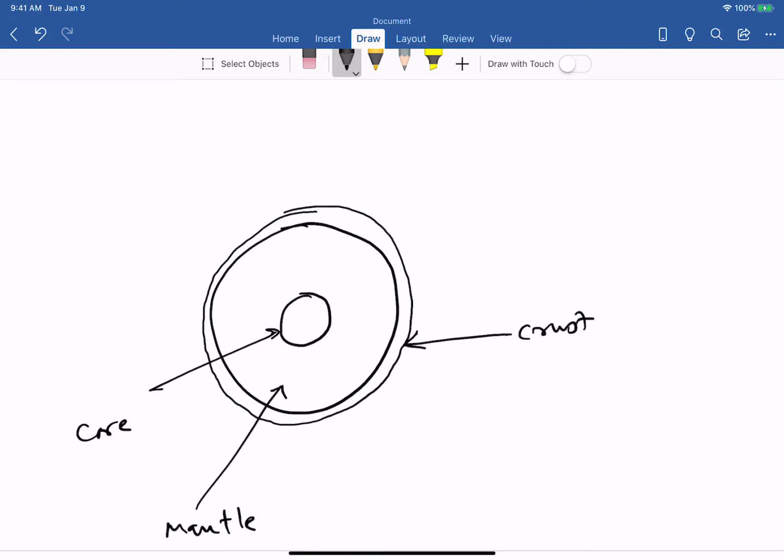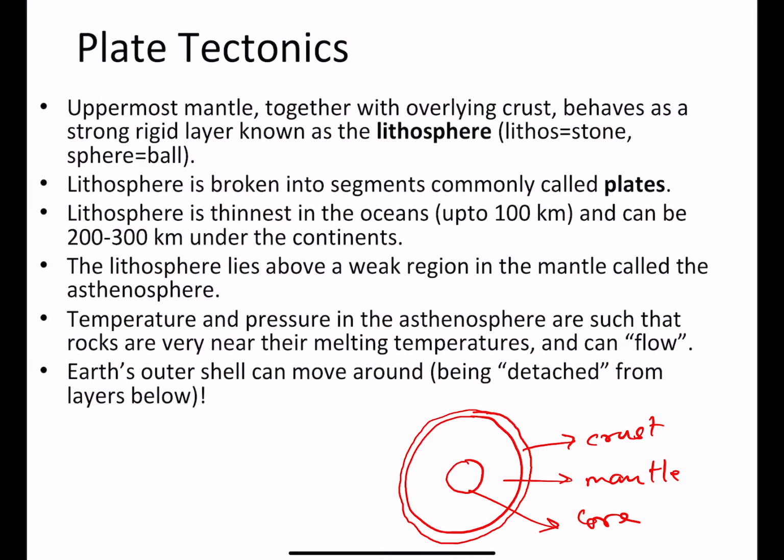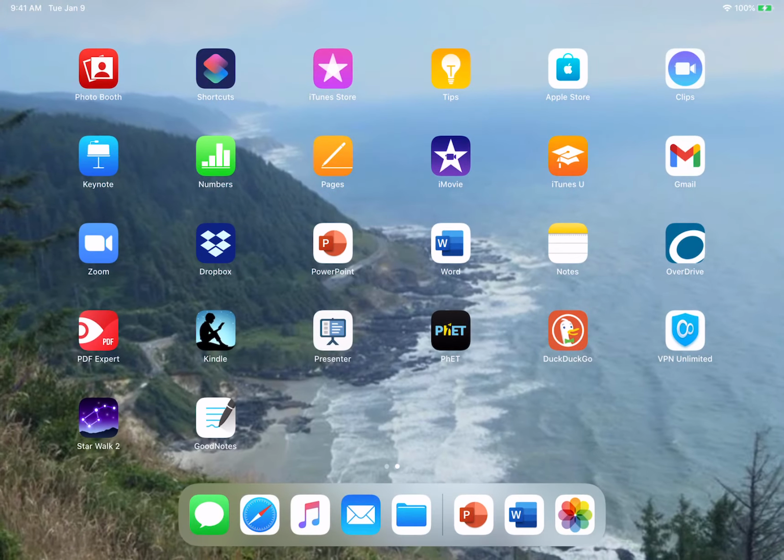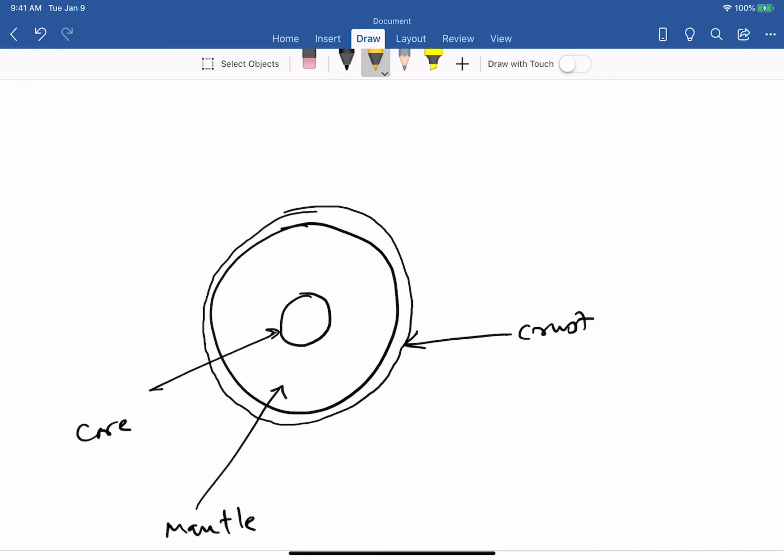All right, now it turns out that the crust, together with the uppermost layer of the mantle, makes up a thin, strong, rigid layer, which is called the lithosphere. So the lithosphere consists of all the crust and a part of the mantle, the uppermost part of the mantle.